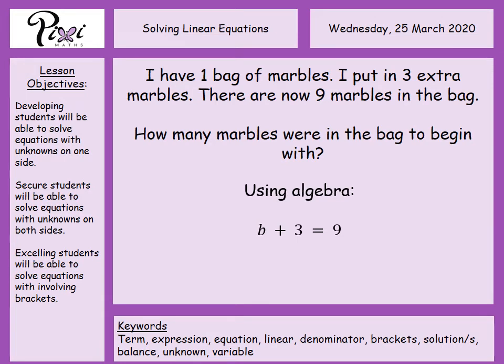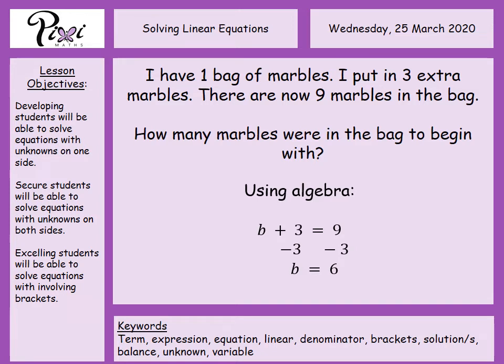Here we again have an equation, but we will name this equation a linear equation. How will we solve this equation? I will subtract 3 from both sides. Why? Because I want to make b alone on one side.